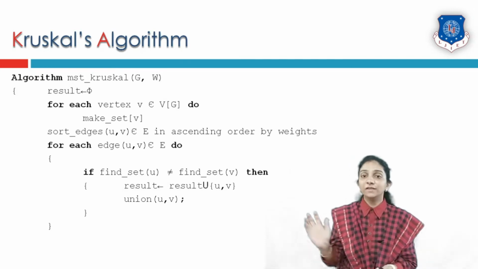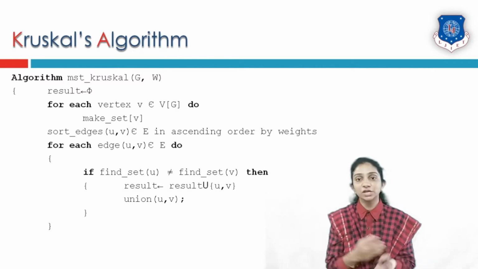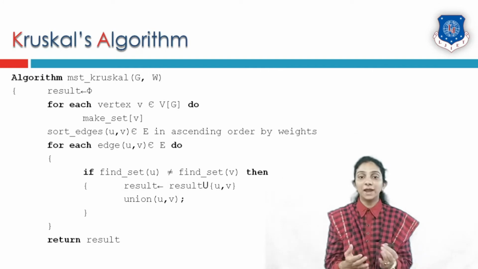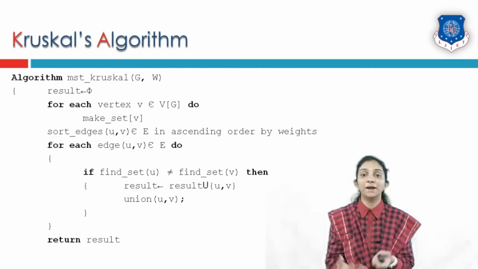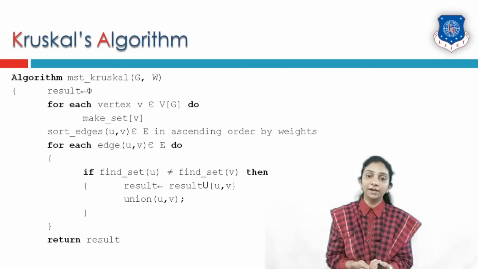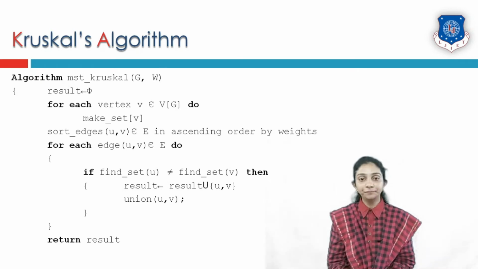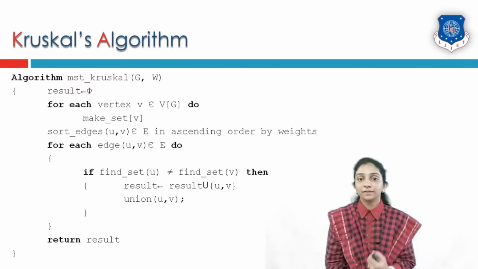This process is repeated for each and every edge in the graph, which are sorted. At the end of this algorithm, my result set contains those edges that generate the minimum spanning tree, so we return the result set. That is what Kruskal's method is.